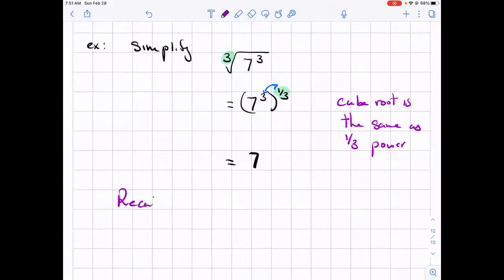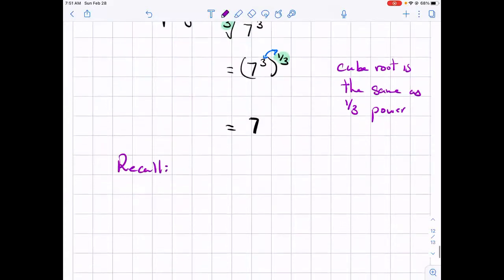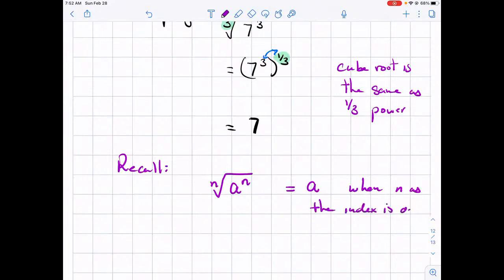Recall the nth root of a to the n is equal to a when n, the index, is odd.